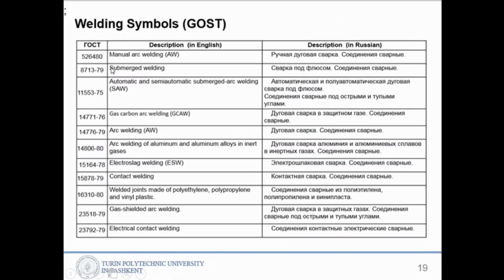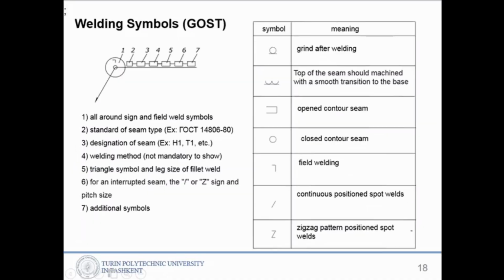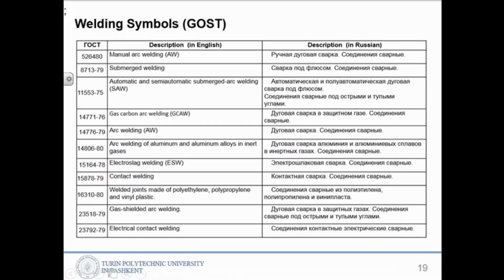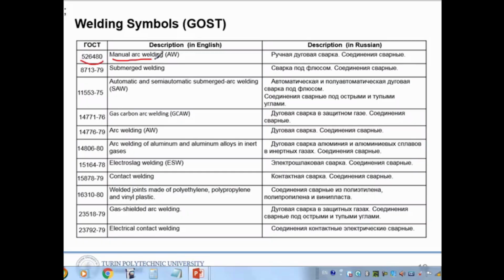And the codes, what are these things? There are types. This code is manual arc welding, and this code is submerged welding.